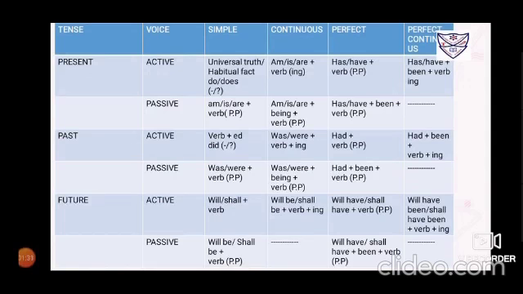Why? Because it's already consisting of be and been. So the active voice present perfect continuous tense: has been, verb ing, has been washing, have been washing. Passive voice of present perfect continuous tense is not possible.